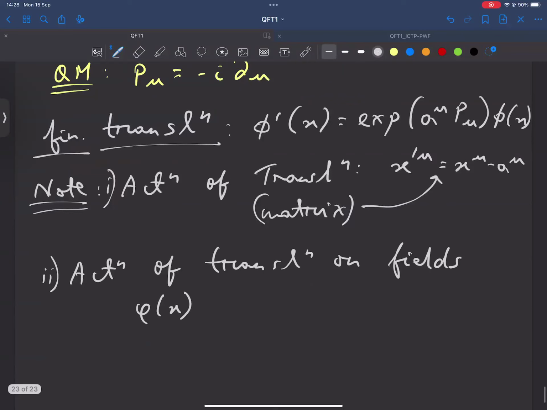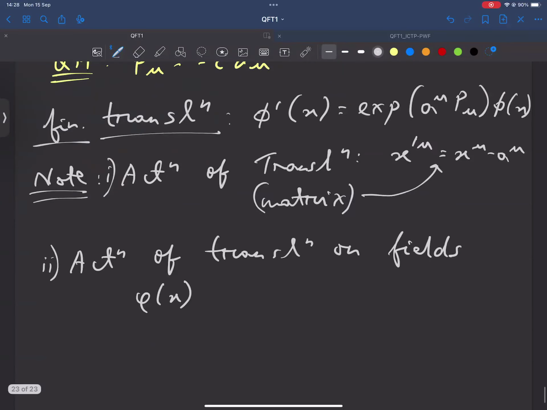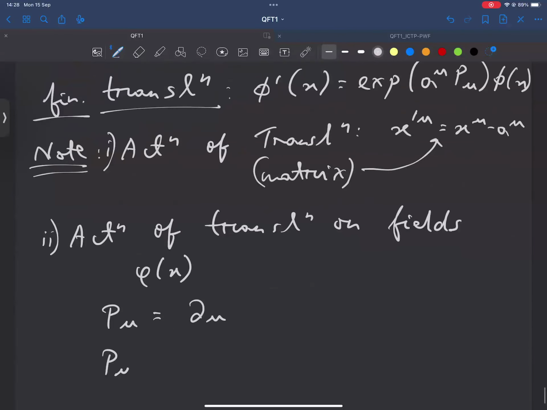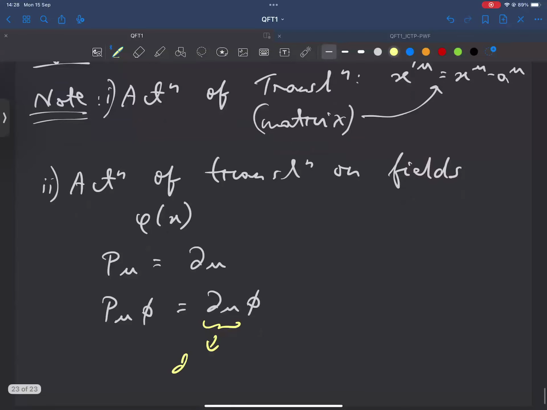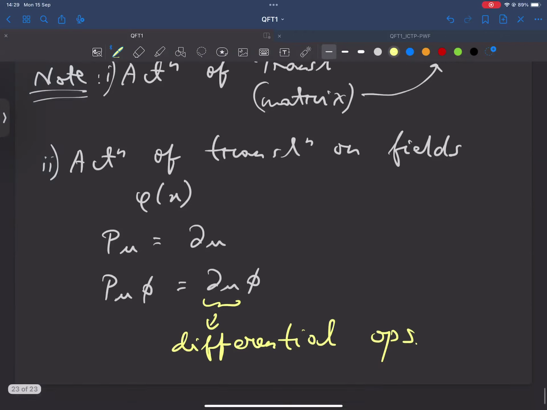So here the quantity that is analogous to the matrix is this p mu, that's del mu, and the action is like p mu phi equals del mu phi. So instead of matrices, now we have differential operators. The reason is that now we are considering action on functions. Here in this case, this is a scalar function. So the analog of matrices now becomes differential operators.